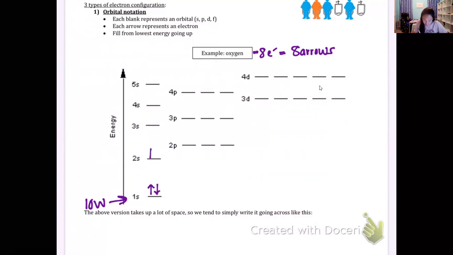So I'm going to put electron number 3 here and electron number 4 here. If I label these electrons, I drew electron 1 here, electron 2 here, electron 3 here, and electron 4 there, right? I need to draw a total of 8, so I need to draw 4 more.